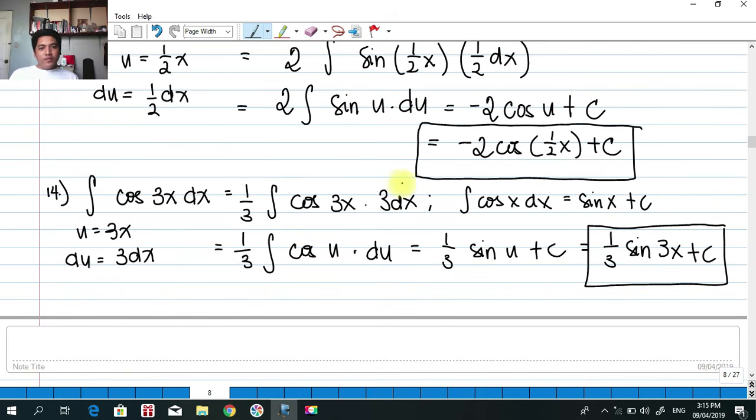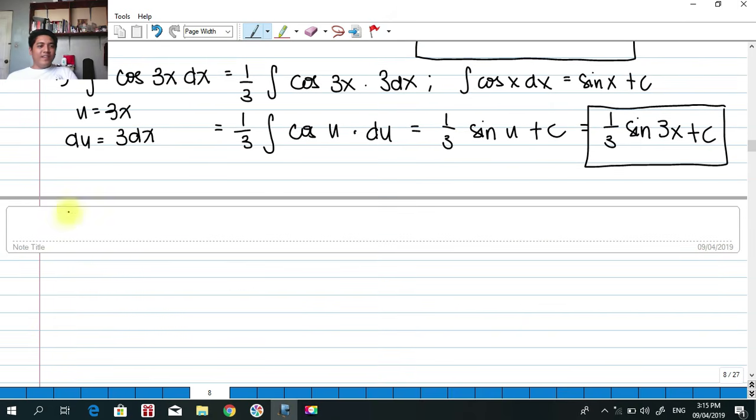That's easy, right? So number 15, we have this integral: the integral of sine squared x times cosine x dx.